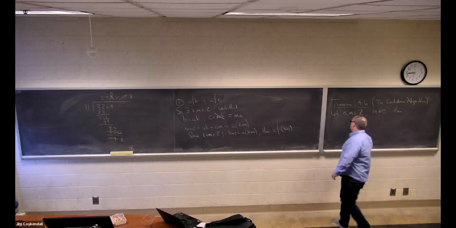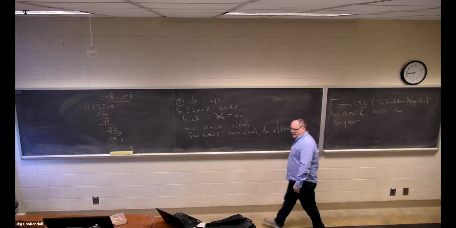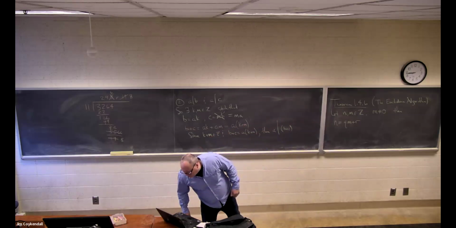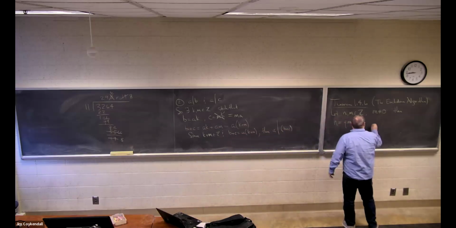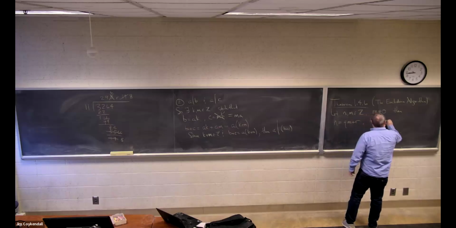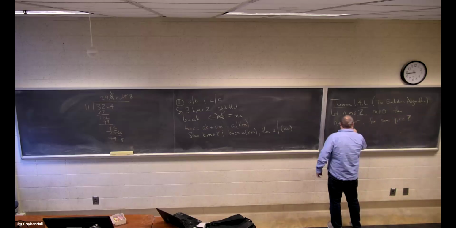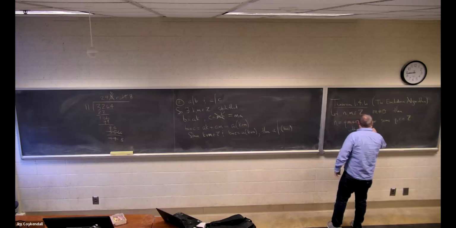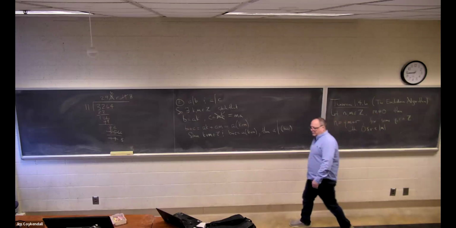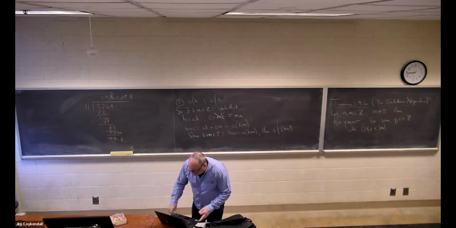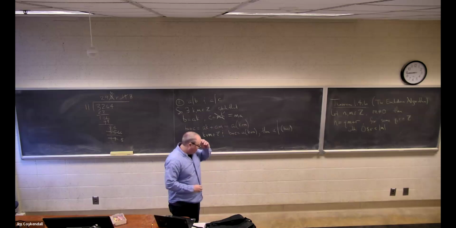Then n can be written as q times m plus r for some integers q and r, with r between 0 and the absolute value of m. In my formulation of the Euclidean algorithm, I even allow division by negative integers, just not 0, right?